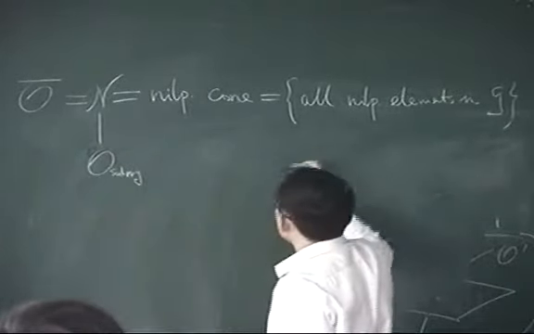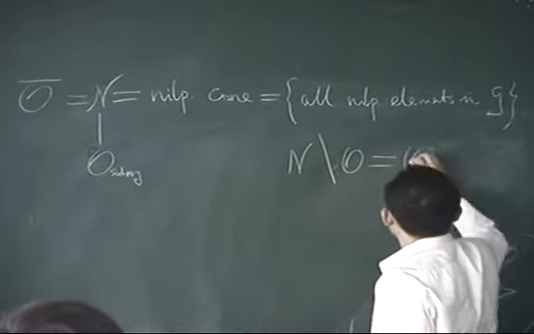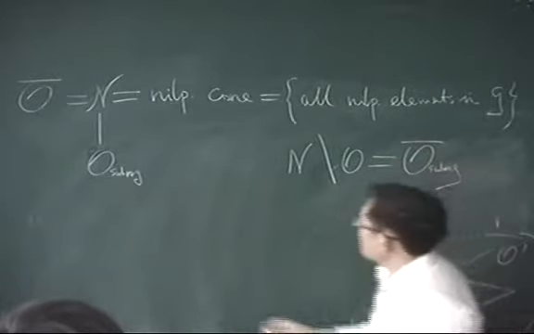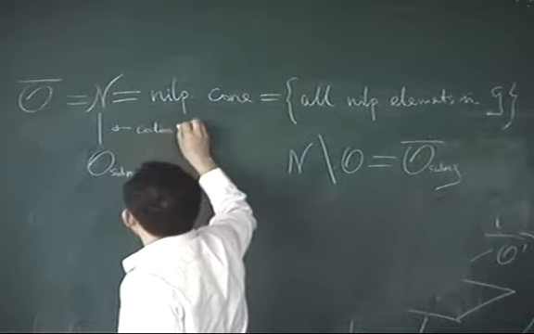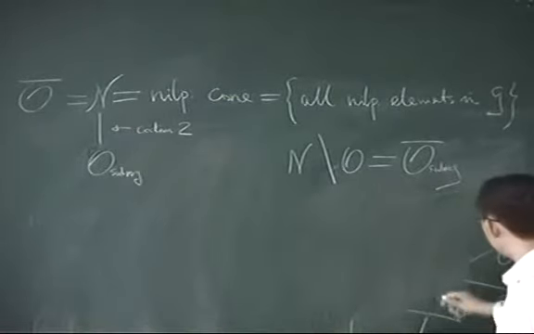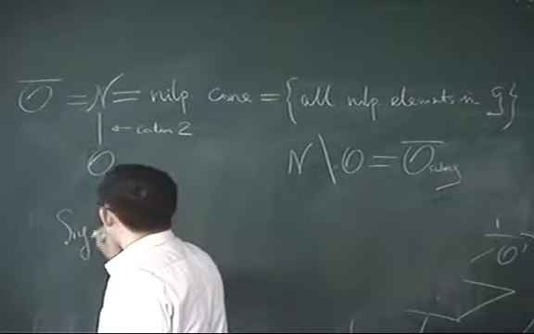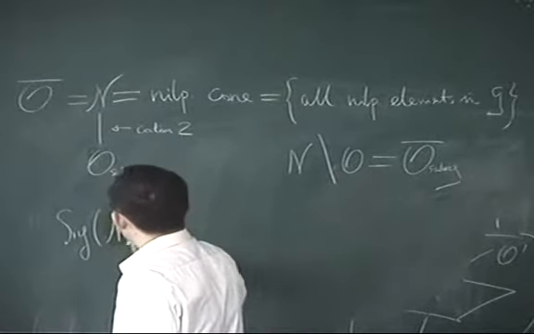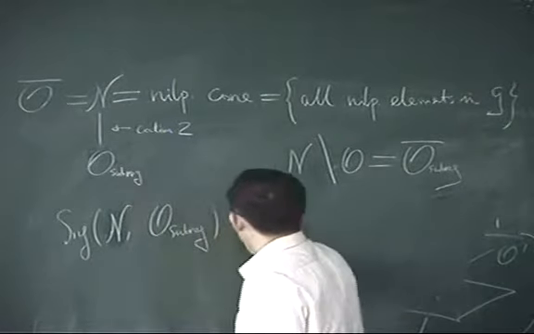In fact, we can show that N minus O is just the closure of the subregular orbit. And this has codimension 2. So when you take the transverse slice of this nilpotent cone along the subregular orbit, you get a surface singularity.